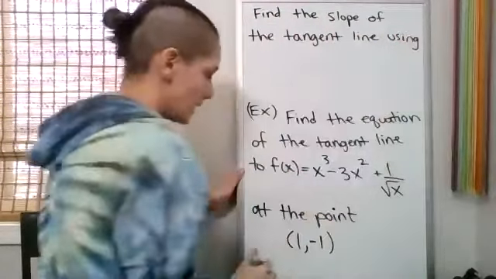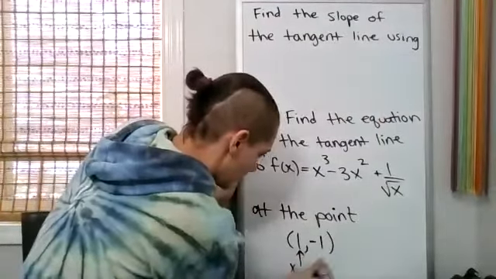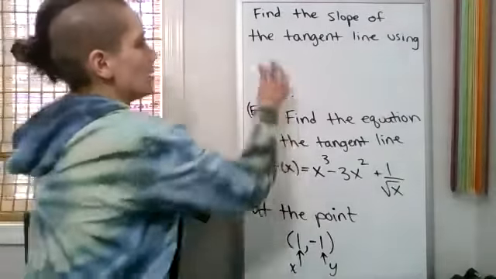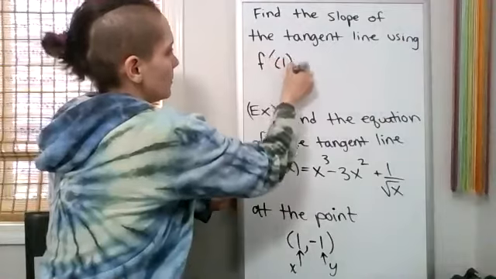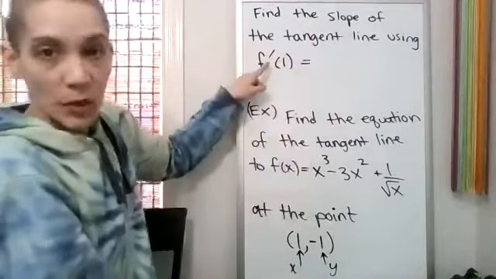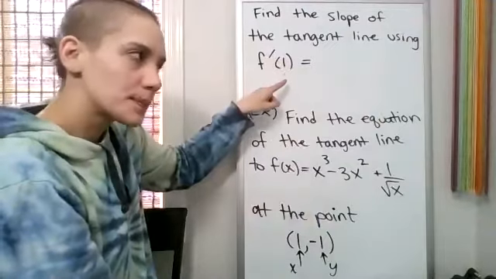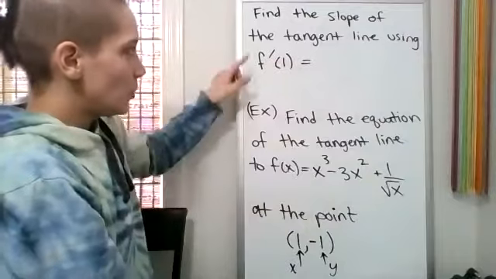Let's see, x equals 1. This is an x, and it's a y. F prime of 1, so the slope of the tangent line to f of x at x equals 1 will be... well, let's back up.